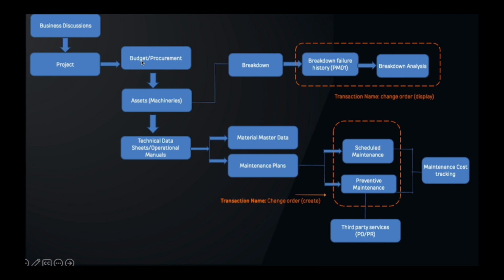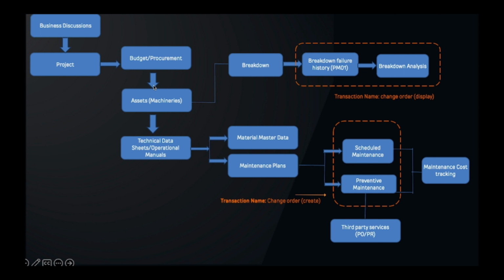At the point of budgeting and procuring, SAP PM enables us to track at what procurement stage a particular machine is. Do we already have a purchase order for it? When is the delivery time for this particular machine? We are able to track all of these using SAP in procurement.